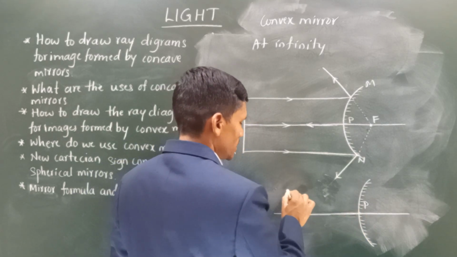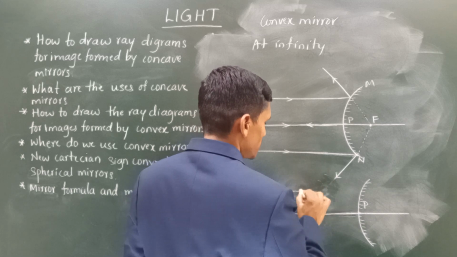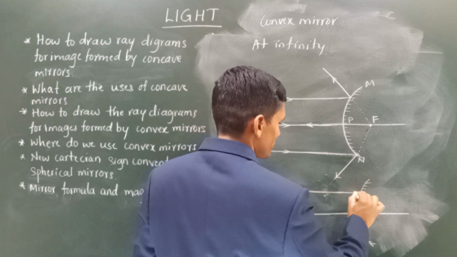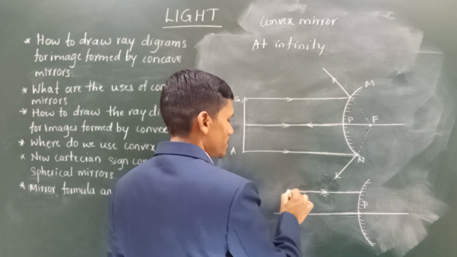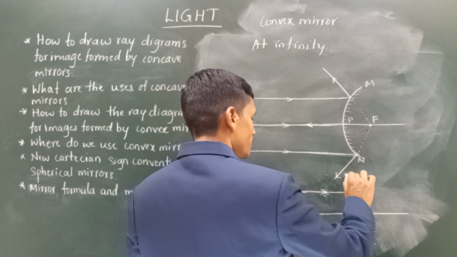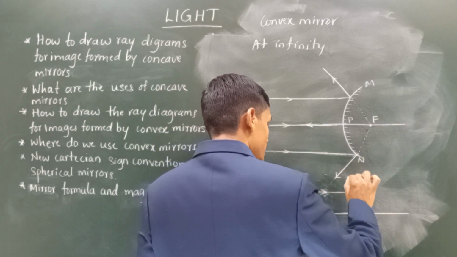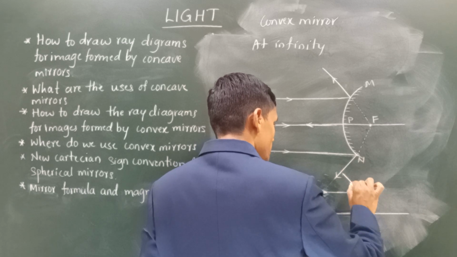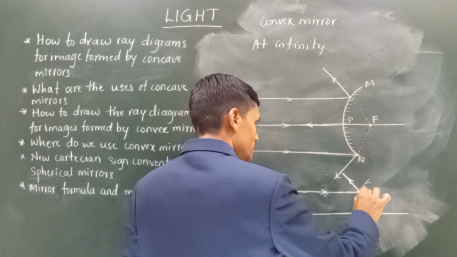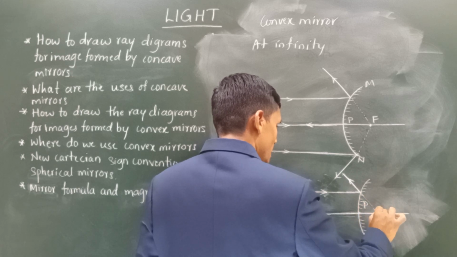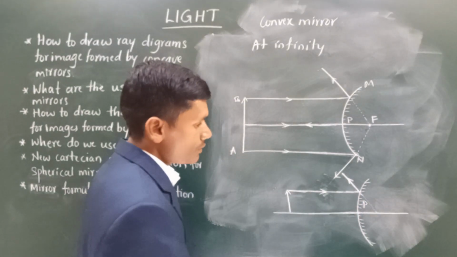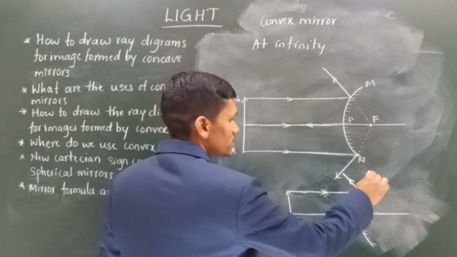You have to consider one ray which is parallel to the principal axis. This ray appears to be diverging from a point on the principal axis, that is principal focus, as we know already. Behind the mirror you have to extend the line with dotted lines, right?